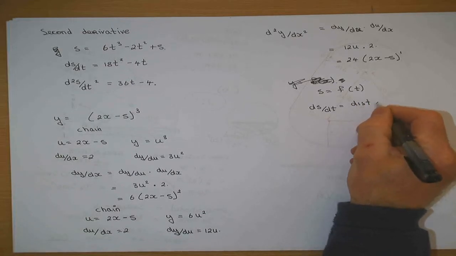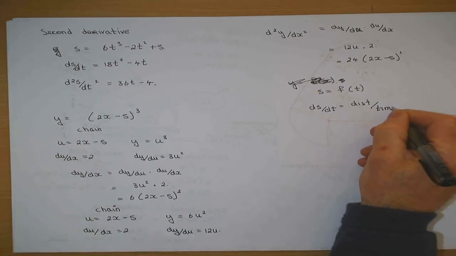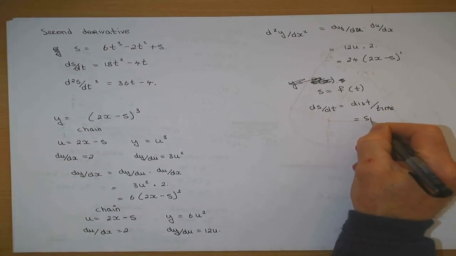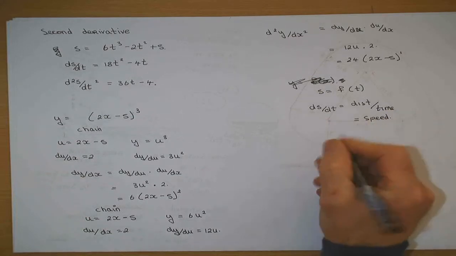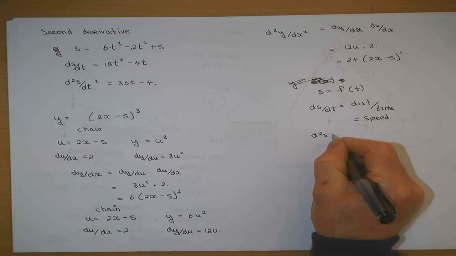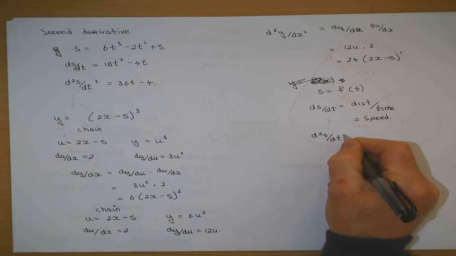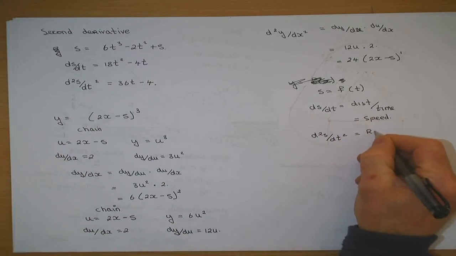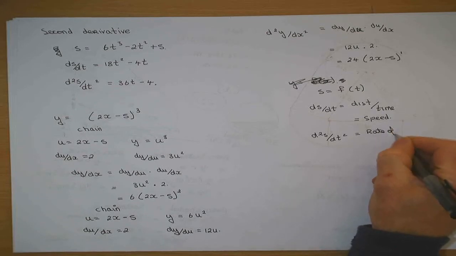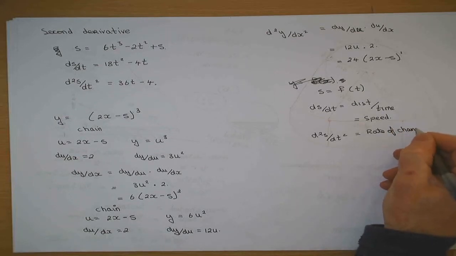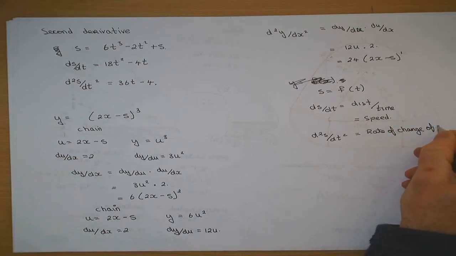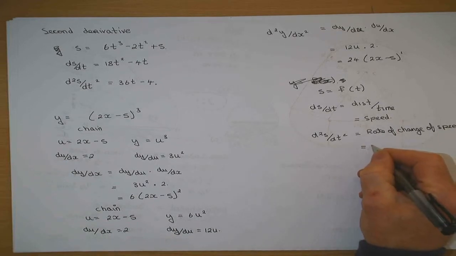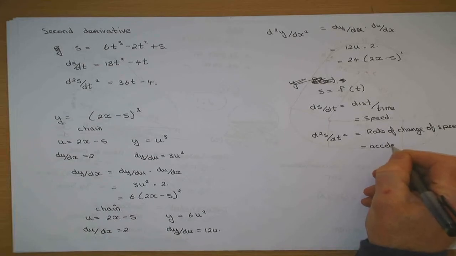And the rate of change of distance with time is speed or velocity. Now, d2s dt squared is equal to the rate of change of speed. And what do you know that the rate of change of speed is? Acceleration.